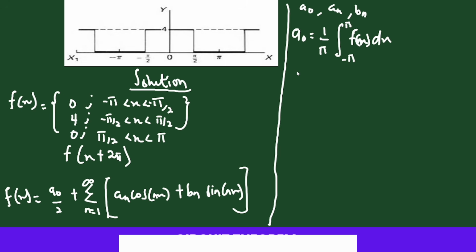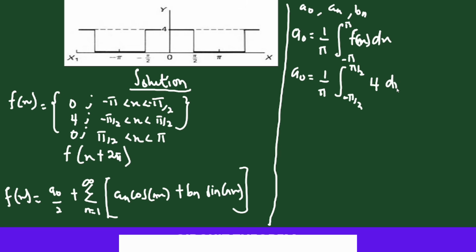So we can go straight ahead and use the only interval that has a value: 1 on pi times the integral from negative pi on 2 to pi on 2 of f of x.